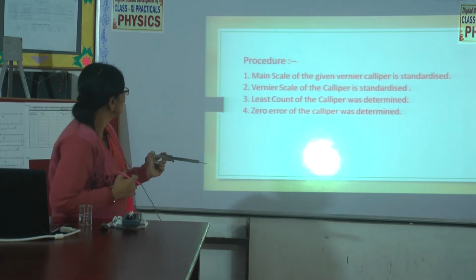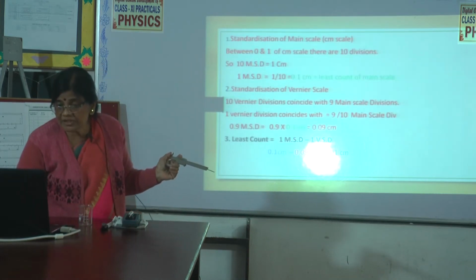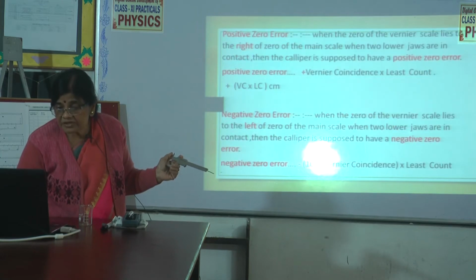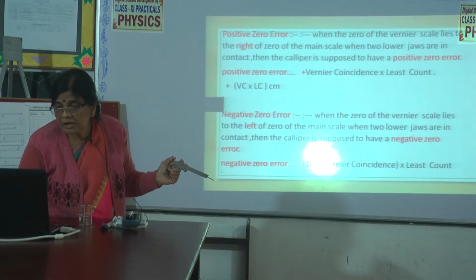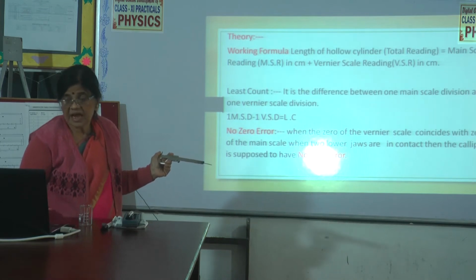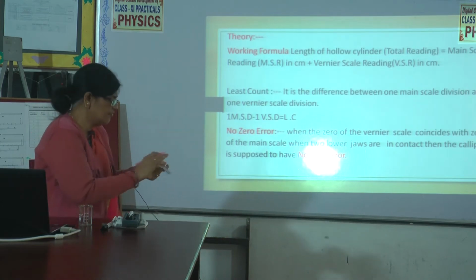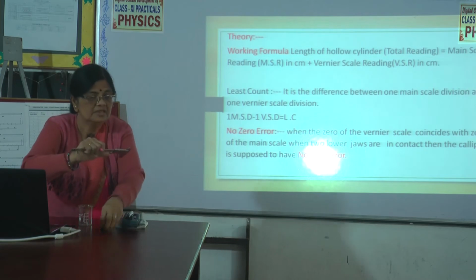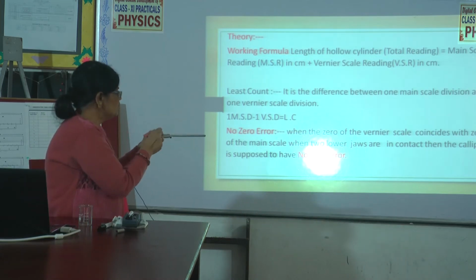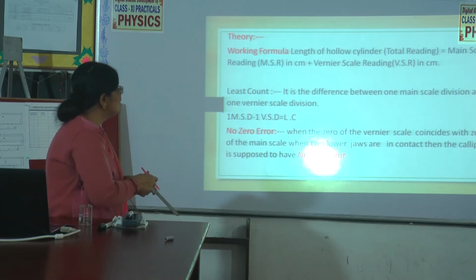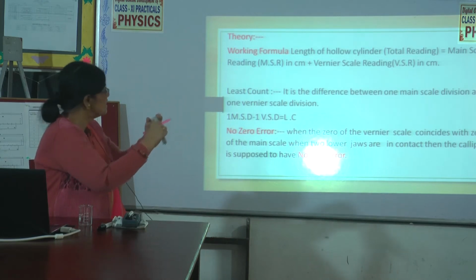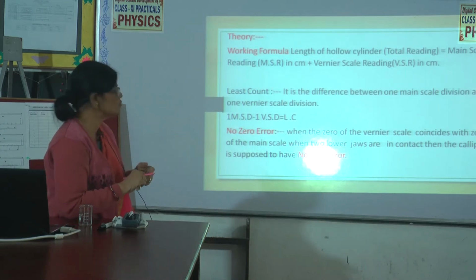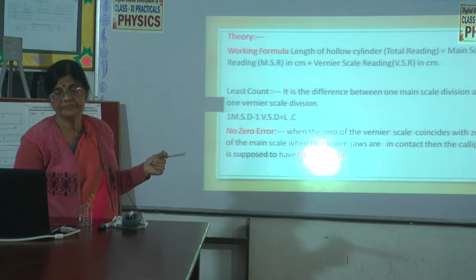Next, before that, you must talk about the zero error. I just told you that if the zero of the vernier coincides with the zero of the main scale when the two lower jaws are in contact, then this instrument is supposed to have no zero error.